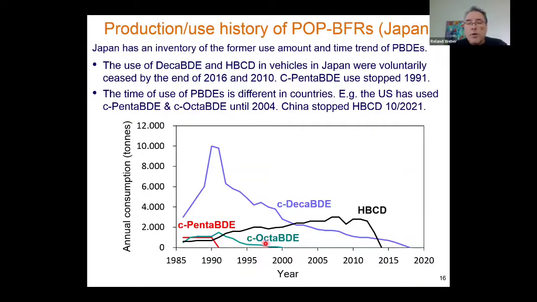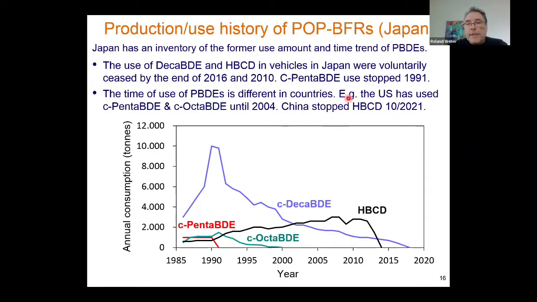Also, the commercial octa-BDE in Japan was already stopped around 1997-98. But the commercial Deca-BDE was strongly used in the 80s and 90s, and you see that starting from the early 90s, the Deca-BDE was reduced in the overall use of flame retardants in electronics and vehicles in Japan.